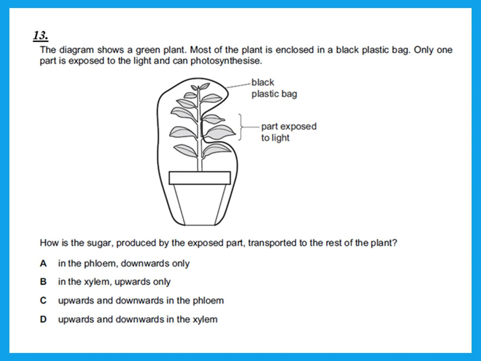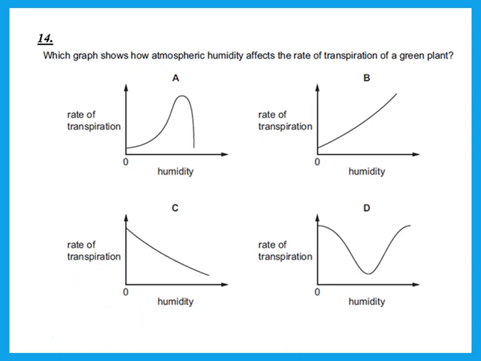We make the sugar into sucrose, and we need to transport it to the rest of the plant. Now, remember that the sugar is transported to the rest of the plant in phloem. Now, in phloem, we said we go downwards only, or we go upwards and downwards. Remember that we said in the phloem, we go upwards and down.